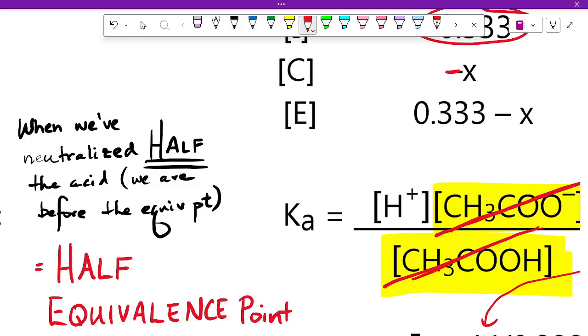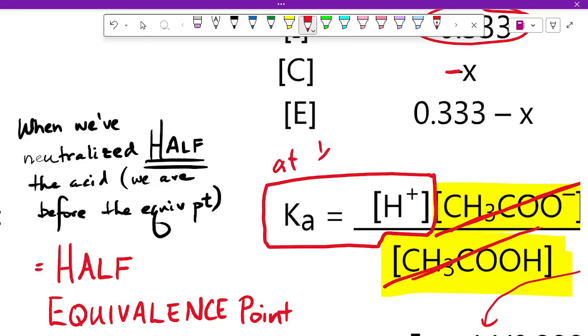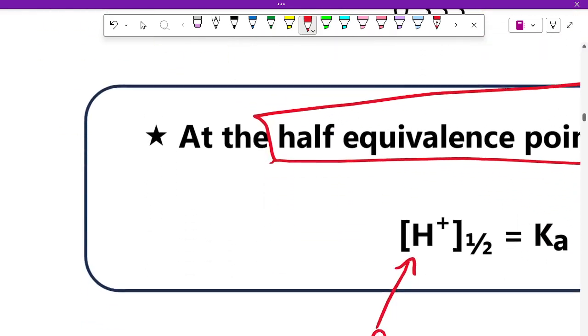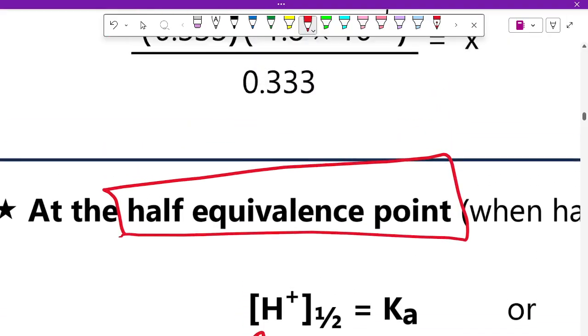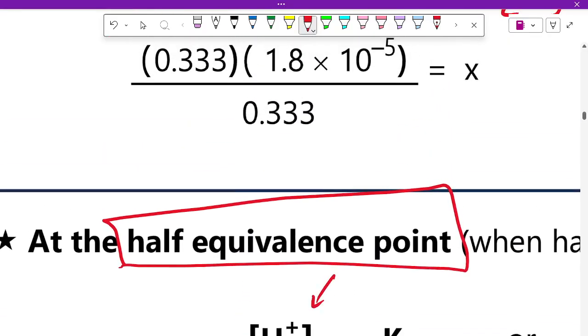And at the half equivalence point, Ka is equal to H plus. It's not equal to half of H plus. The reason down at the bottom that it says H plus with a subscript half, that does not mean half of the hydrogen concentration.